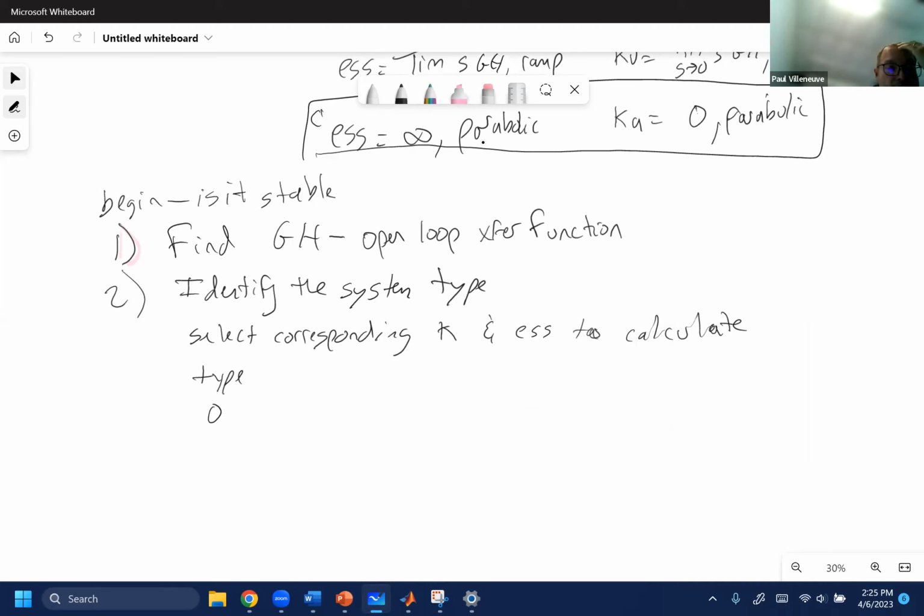A type 0 system, you're going to calculate K sub P and ESS for a step. You should know K sub V, K sub A, and ESS for a ramp and a parabolic.